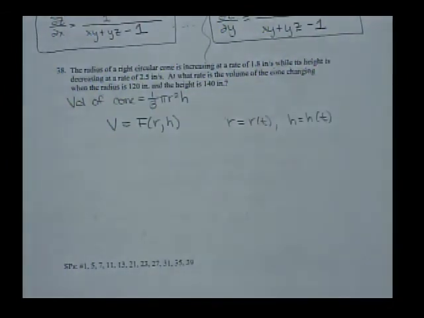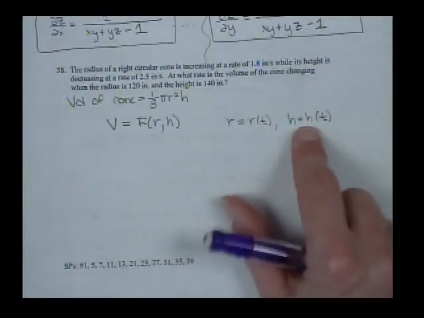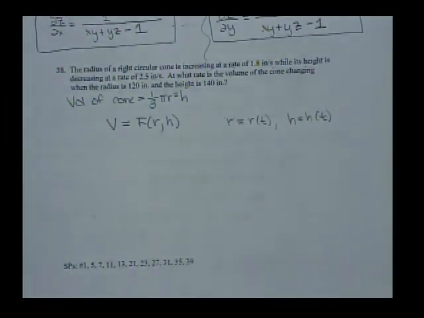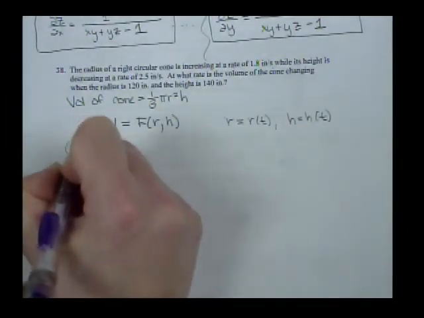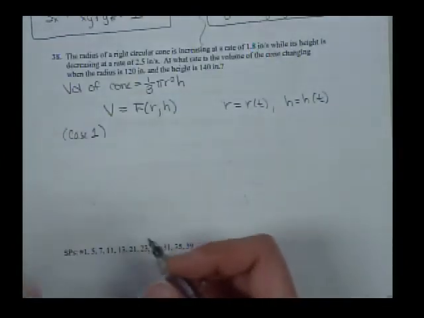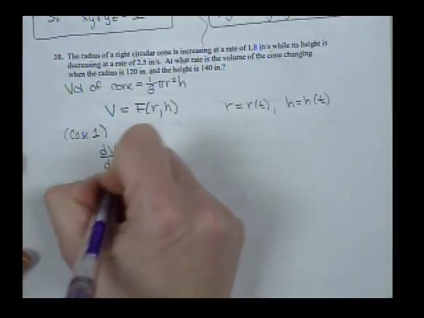So this is like a case 1 of the chain rule, where we have the volume as a function of 2 variables, r and h, but each of those variables is a function of a single parameter, t. So this would be case 1 of the chain rule. And so we actually use dV/dt, since there's only one underlying parameter.